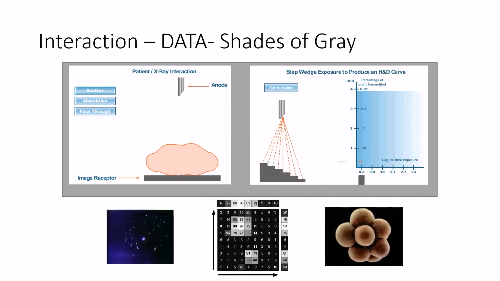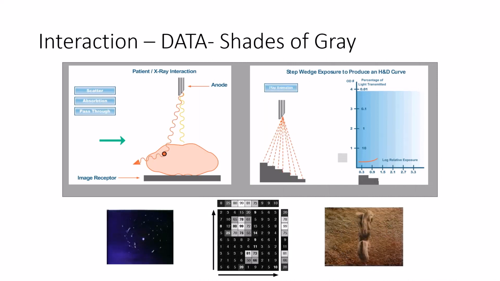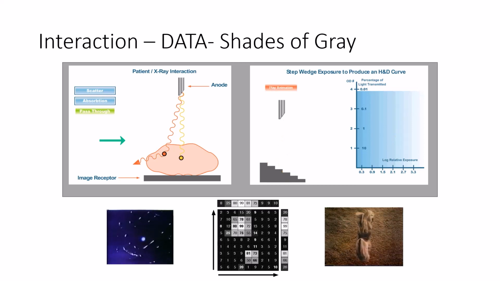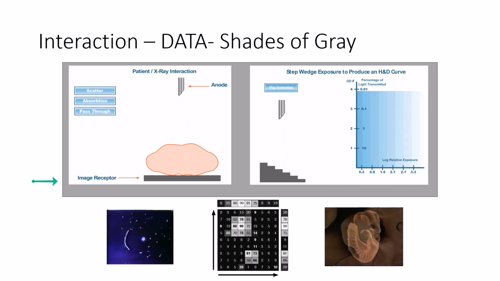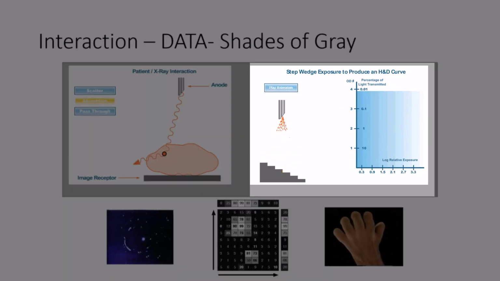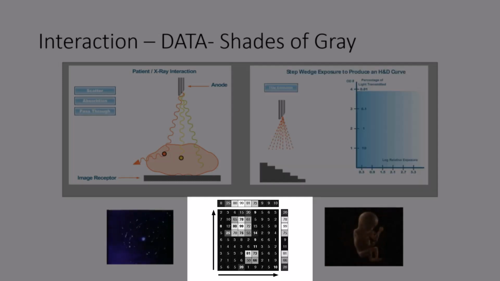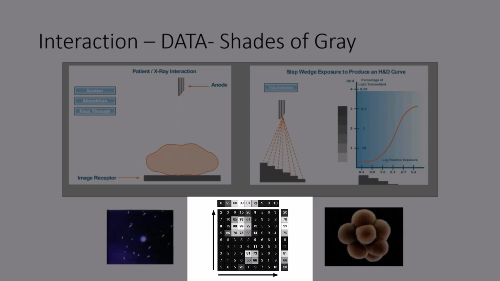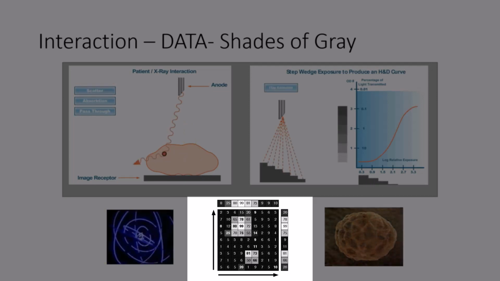First, we notice the interaction of X-ray with tissue and the absorption of the energy within the tissue. This creates remnant radiation to be recorded at the image receptor. This acquired energy is then mapped onto a grayscale matrix that represents the image that we have obtained.